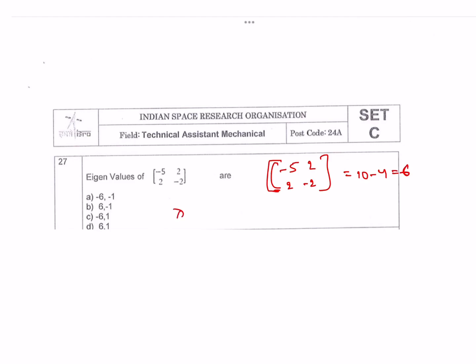Then lambda 1 into lambda 2 should be 6, and lambda 1 plus lambda 2 is equal to -5 minus 2, which is -7. So from the options we will check: -6 and -1. If you add, you will get -7, and -6 into -1 you will get 6. So both conditions are satisfied. A is your correct answer.